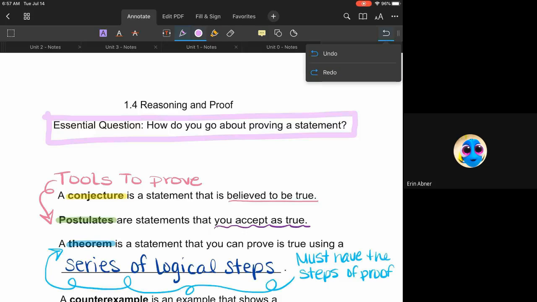If it doesn't have the steps of proof, then it's not a theorem, because you couldn't logically get there, meaning you couldn't walk from one place to the other and follow the math. If up until this point you've had math teachers explain things to you, and they're looking at your work and they couldn't follow the math, then sometimes you get a question wrong. So this is the following the math part. For a theorem, you have to be able to follow the math to get to the answer in order to prove that it's true.